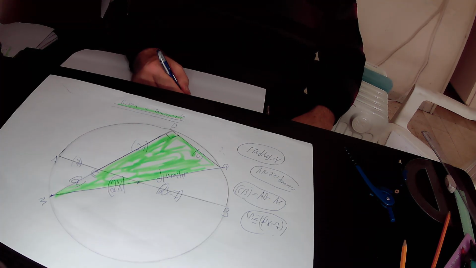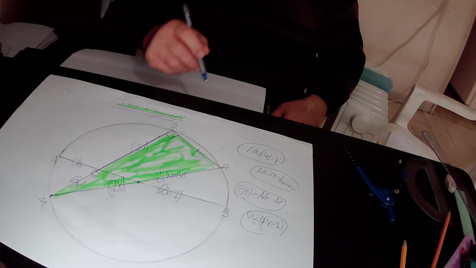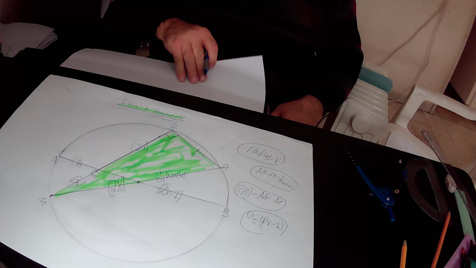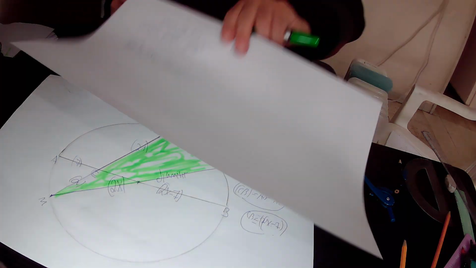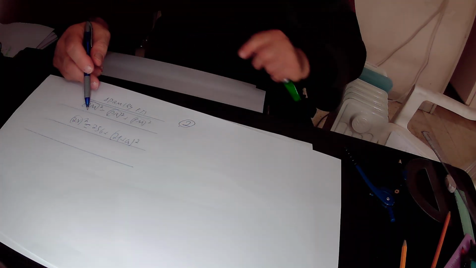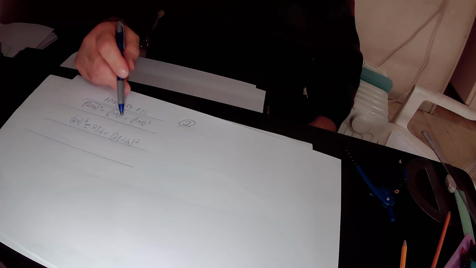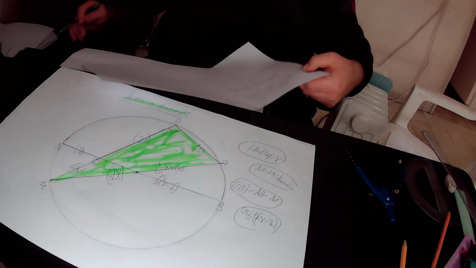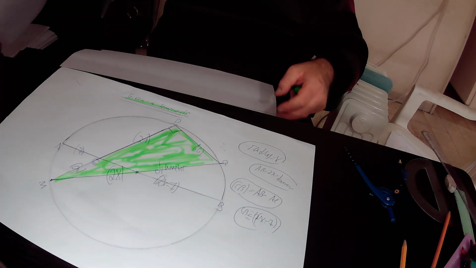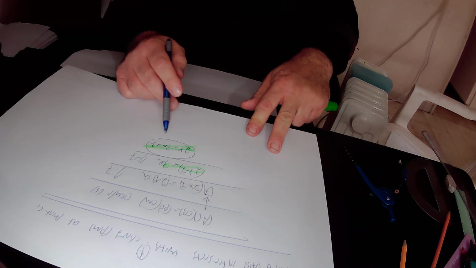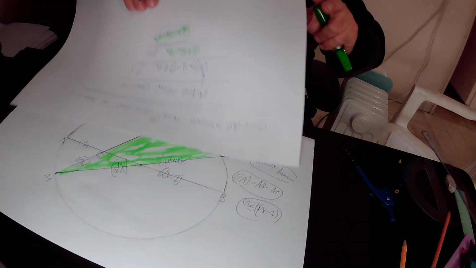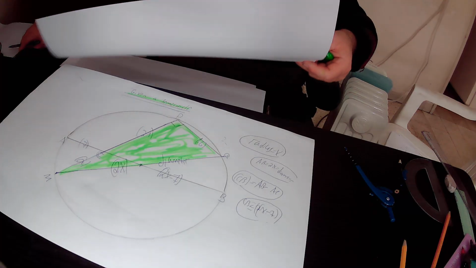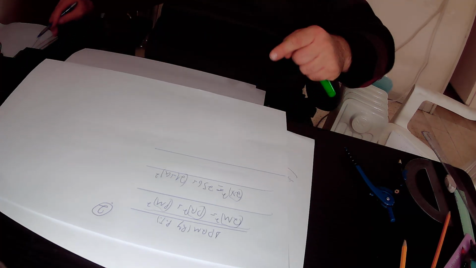So according to the Pythagoras theorem, 2x squared equals 256 plus 21 plus 8 squared. We found that 2x equals 3A plus 7, so we substitute 2x in this equation by 3A plus 7.